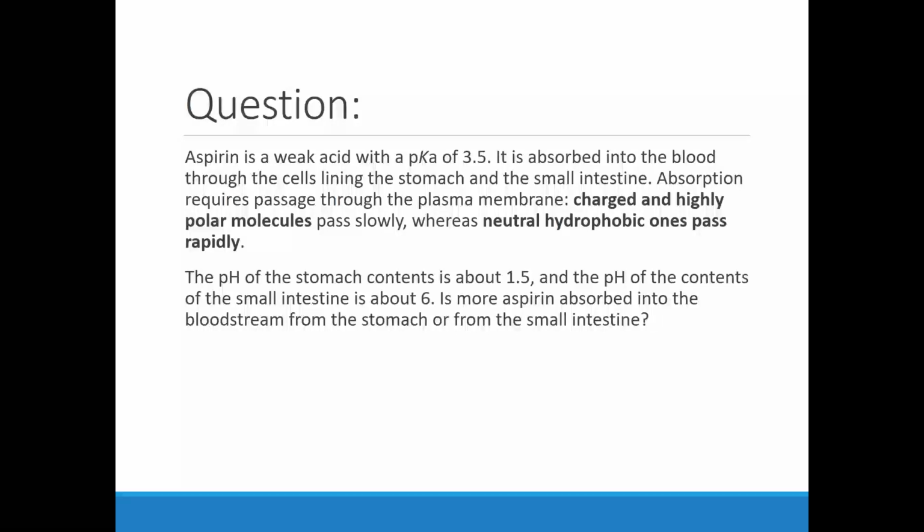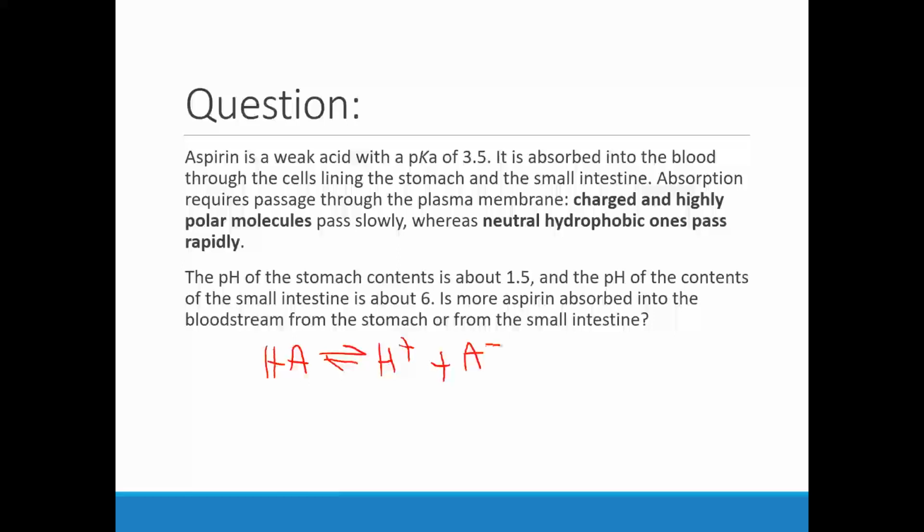Let's write our equation for weak acid. HA goes to H plus A minus. This is the acid as its main form with its proton attached. And it is dissociated to give away an H plus and made its conjugate base.